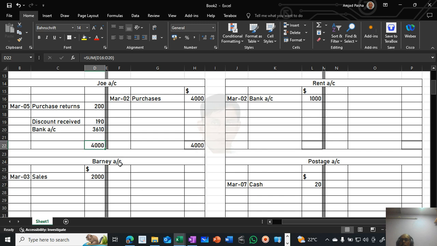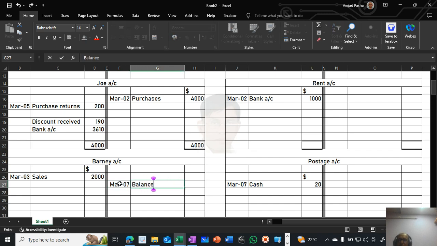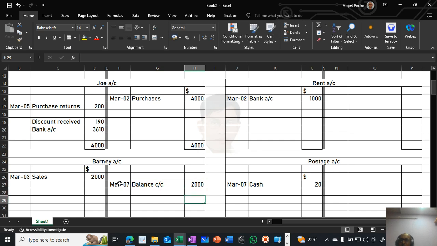Barney's account. Barney is a customer, so this is accounts receivable, and we have to balance it. It should be balanced on March 7 and written as balance carried down, the same amount, 2000. So again the total is the same, 2000.